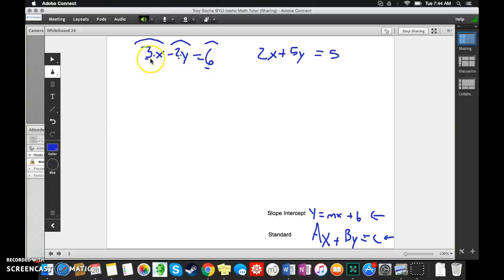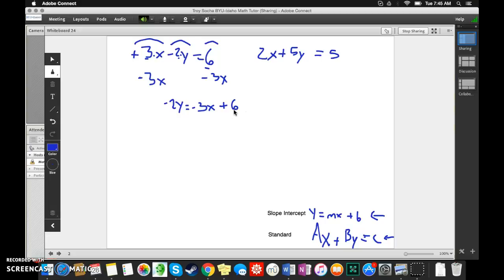So on this first one, the first thing I would do, because we have a plus 3x right here, is that to undo plus, we subtract. So we get negative 2y equals negative 3x plus 6.